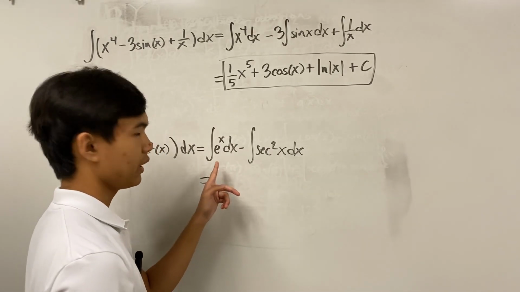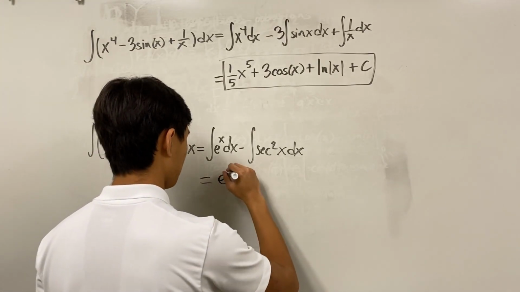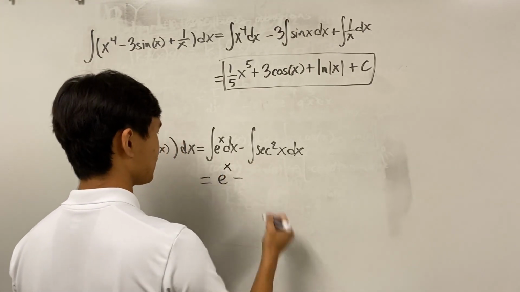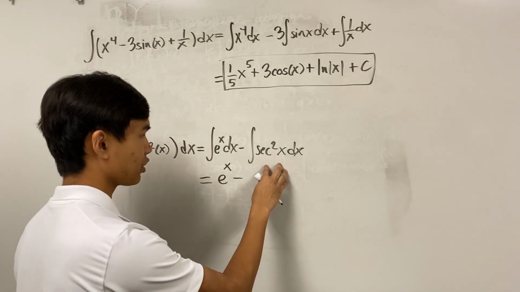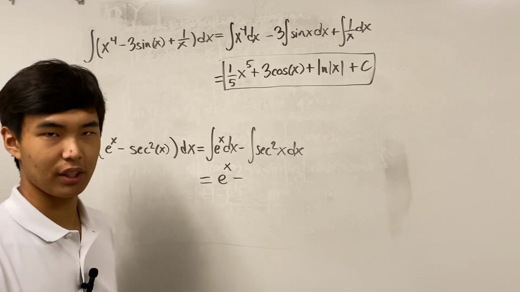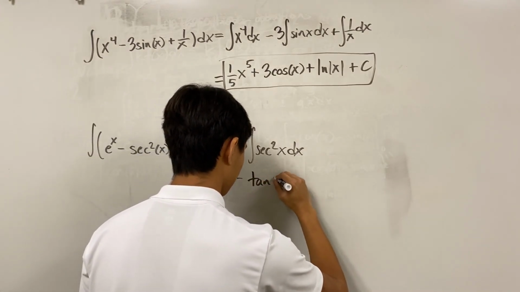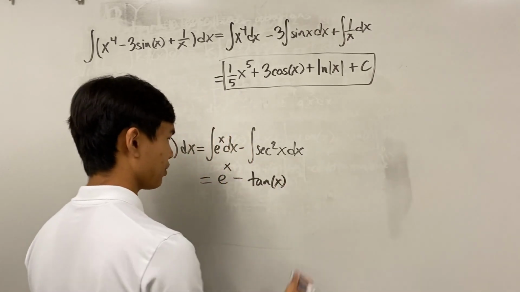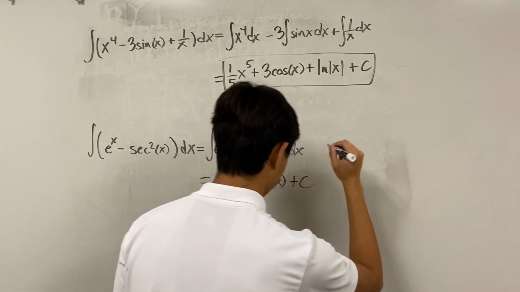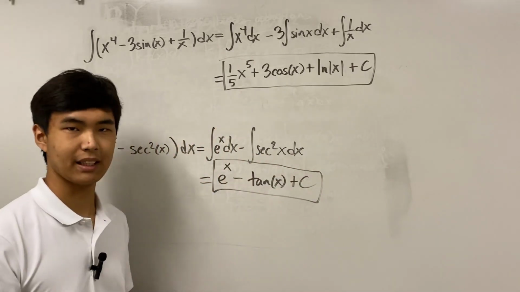So remember, the integral of e to the x is itself, minus, now the integral of secant squared x is tangent x. And of course, don't forget the plus c. So there you go. That's indefinite integration.